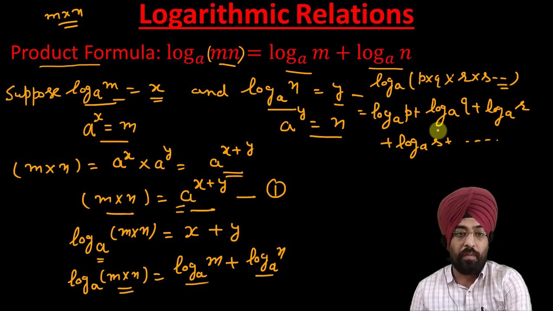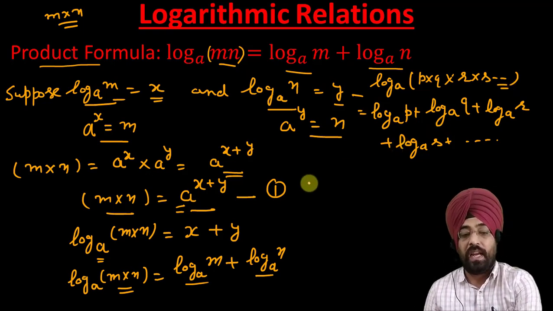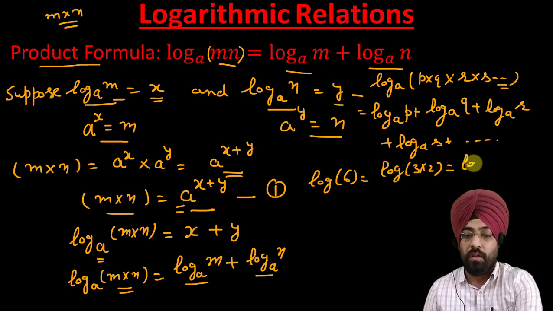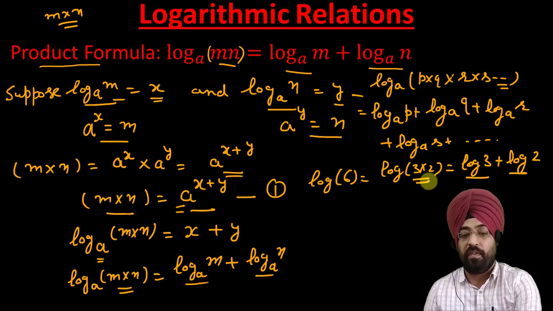So this is called the product formula. So we can write log of 6 as log of 3 cross 2, which is equal to log of 3 plus log of 2. So that is your product formula.